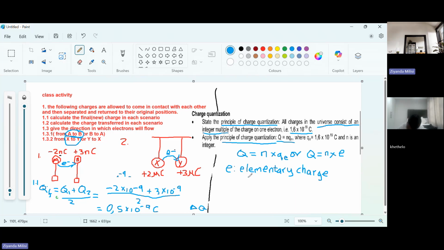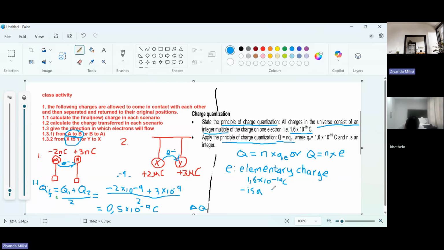Elementary charge is 1,6 times 10 to the power negative 19 coulomb. You must be able to define what the elementary charge is. Elementary charge is the charge of a proton or electron.